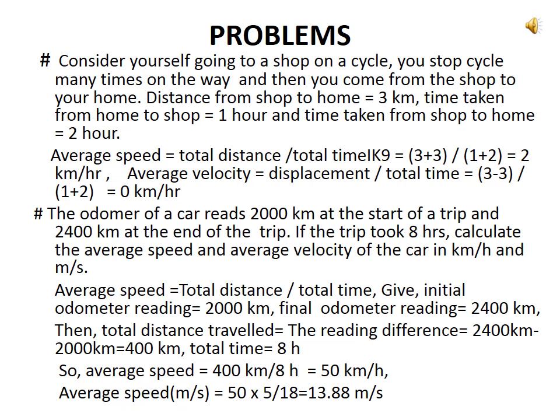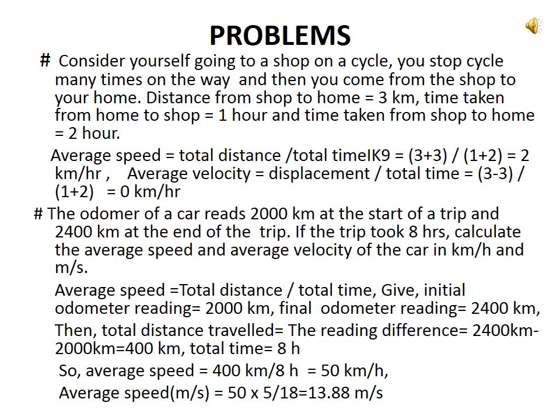Next, what should be the average velocity? Average velocity is equal to total displacement divided by total time, that is 3 km minus 3 km divided by 1 plus 2 hours.